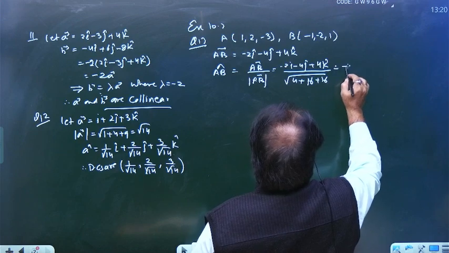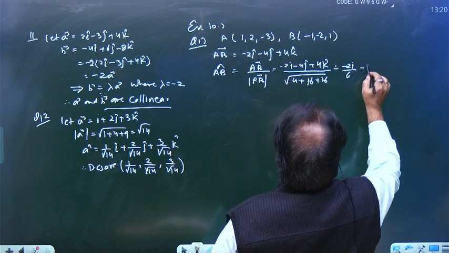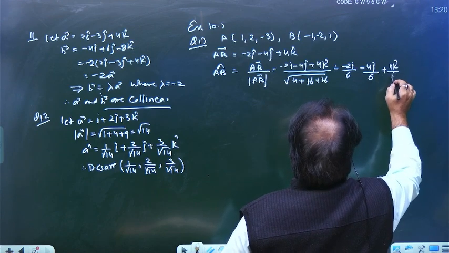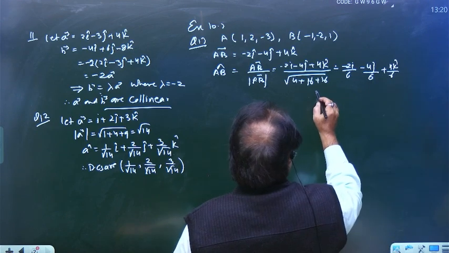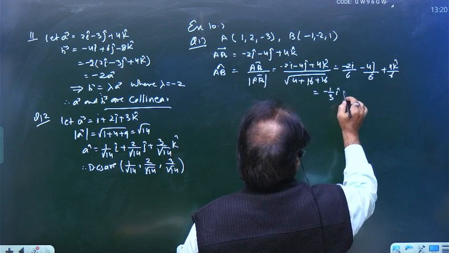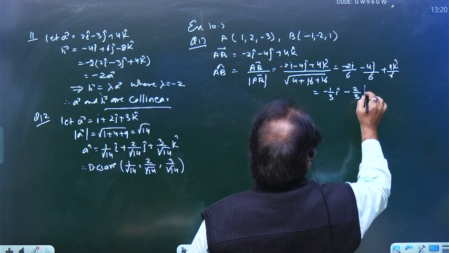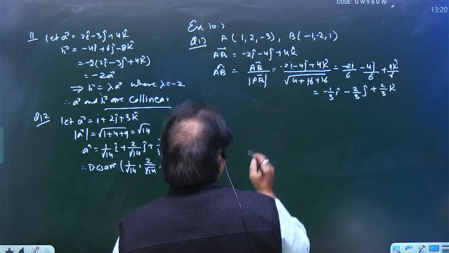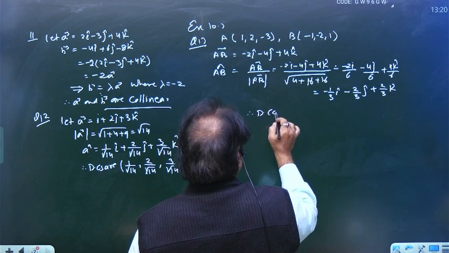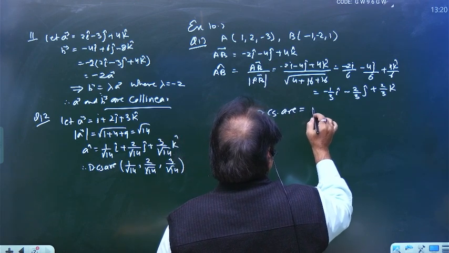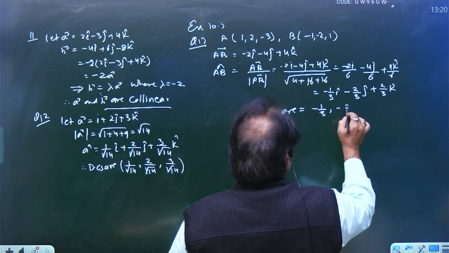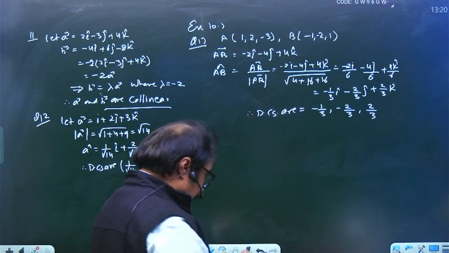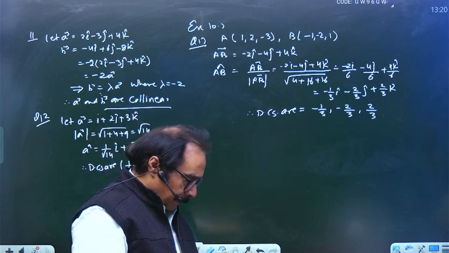So this is minus 2i cap upon 6, minus 4j cap upon 6, and plus 4k cap upon 6. Finally we can write minus 1 by 3 i cap, minus 2 by 3 j cap and plus 2 by 3 k cap. The question says find the direction cosines, so the direction cosines are minus 1 by 3, minus 2 by 3 and plus 2 by 3. These are the direction cosines of vector AB.